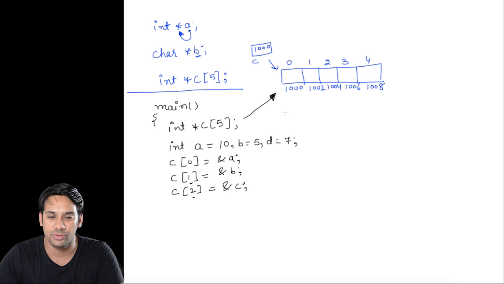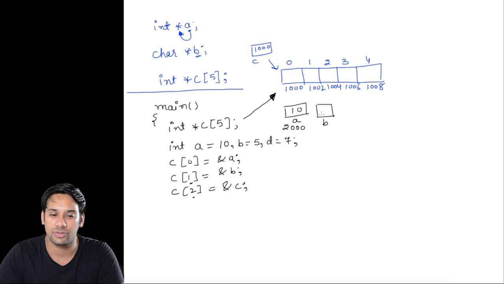Let us suppose these are the variables. This is the variable a, which is given some space in memory, storing 10, and its address is 2000. There is a variable b which is storing 5 and its address is 3000, and a variable d whose address is 4000 and which is storing 7.